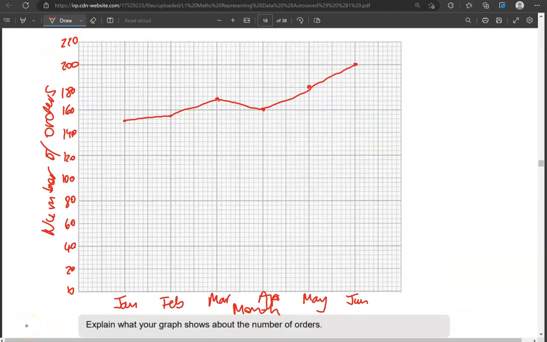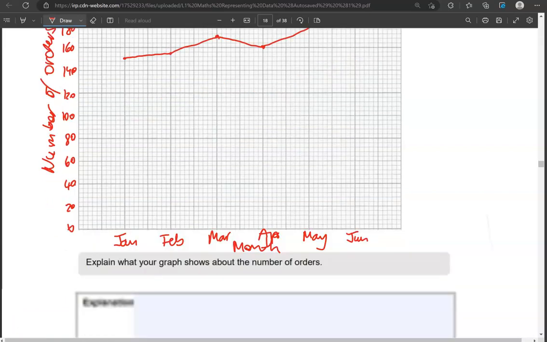The number of orders has gone up every month except for a dip in April.